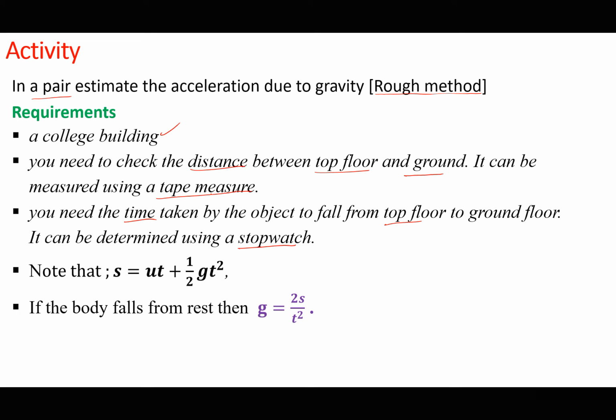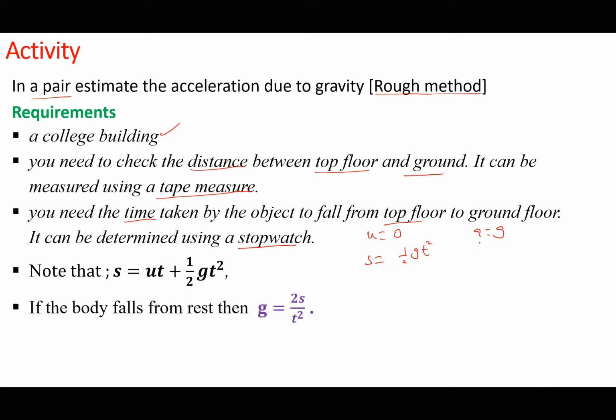So if you assume that air resistance is negligible, and you are going to drop the object, that means the initial velocity is going to be zero. So using s = ut + ½at², you notice that s is going to be equal to ½gt², where a is equal to g, because we are trying to find the acceleration of free fall close to the Earth's surface.